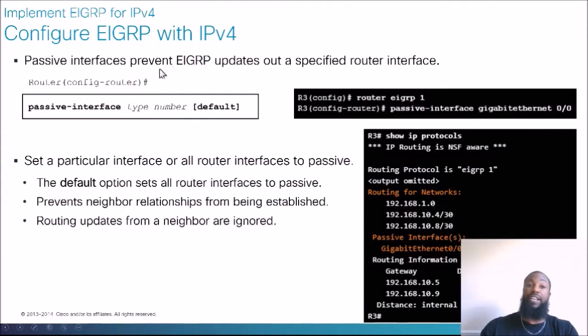So passive interfaces prevent EIGRP updates out of a specified router interface. You do show IP protocols, it'll tell you which interface is passive and also tell you which networks you're routing for, right? The default option sets all router interfaces to passive. If you do that, if you just do default and then passive interface, just watch that video where I explain exactly more what passive interfaces are.